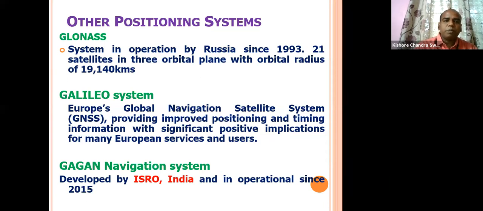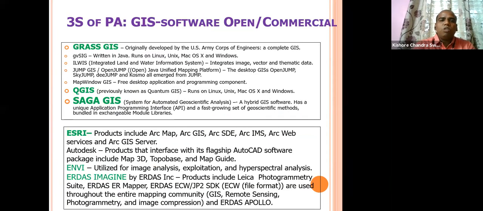Another tool of precision agriculture is GIS software. Like other software, such as Microsoft Word, we have GIS software, and it is available in 2 ways. One is commercial type, another is non-commercial type.